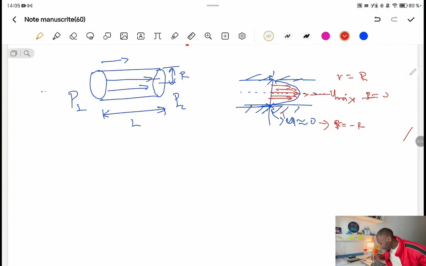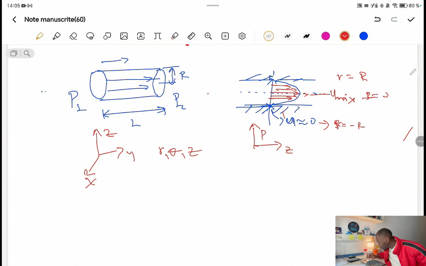So we are working in cylindrical coordinates, and instead of x, y, z, we have r, theta, z. The flow goes this way, so this is z, this is r, and this is theta.